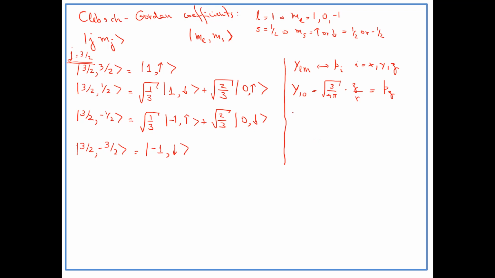For the px and the py, it's slightly more complicated. The px is similar to pz; we just substitute x for z, so it's proportional to x over r, and the py orbital is root 3 over 4 pi times y over r.